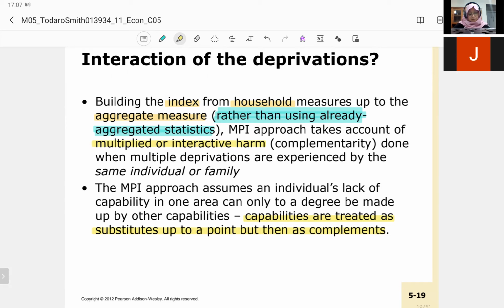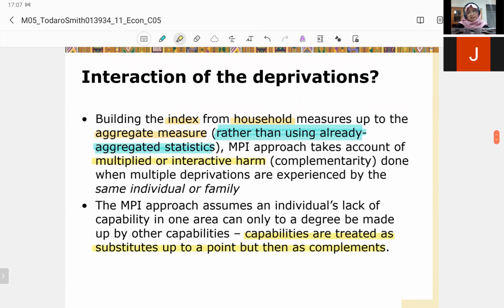Like for example, when someone lacks in health, and then you give them money, it cannot solve 100% of the health problem because the MPI treats the capabilities as substitutes up to a point, but then as complements. So that's why it is also possible for someone to be deprived in more than one aspect. Someone can be deprived both in health and education, and also in income and standard of living at the same time.